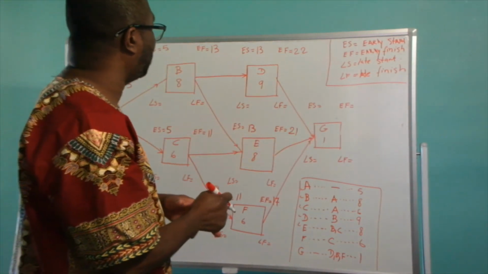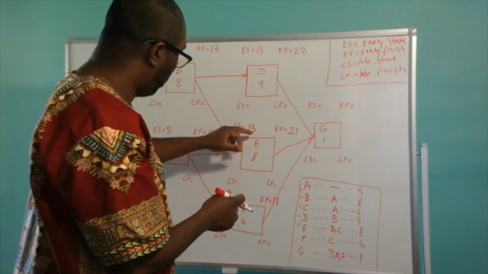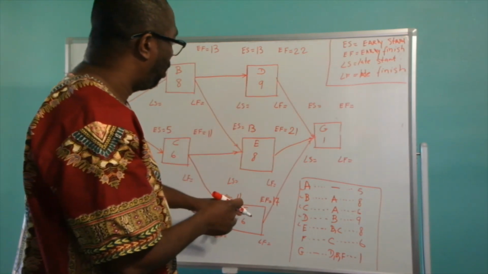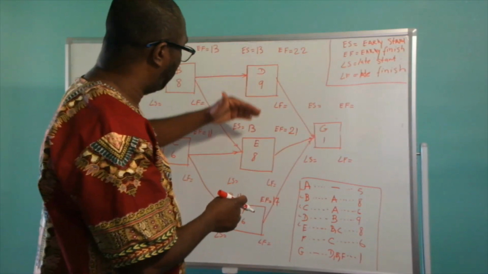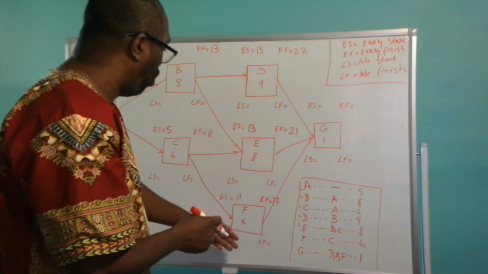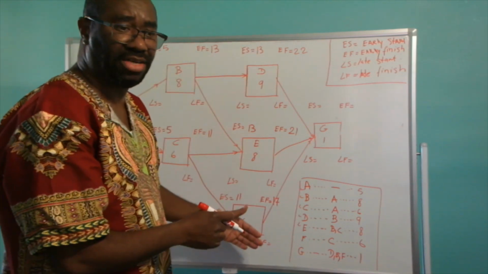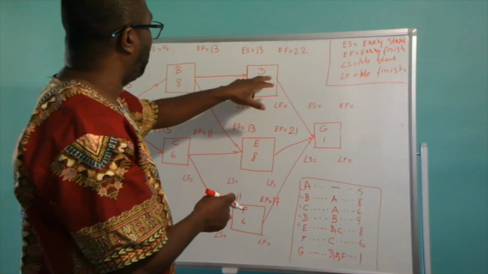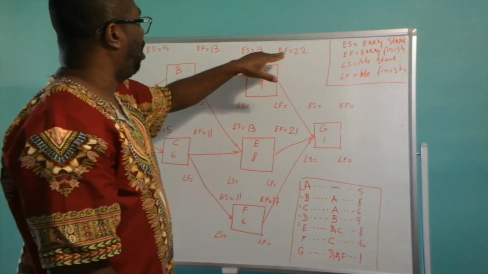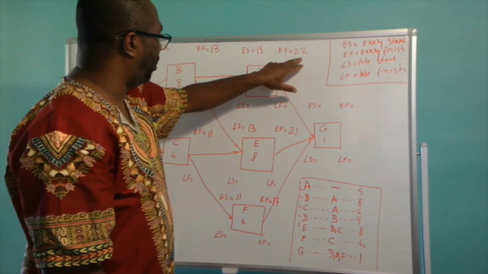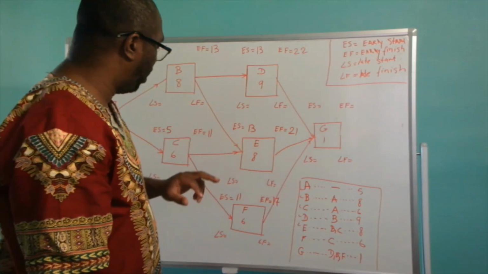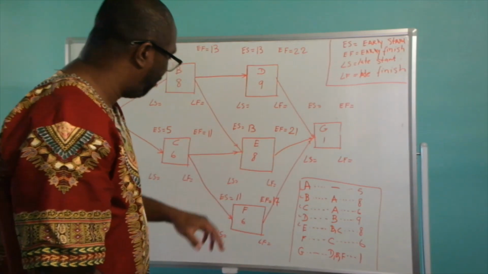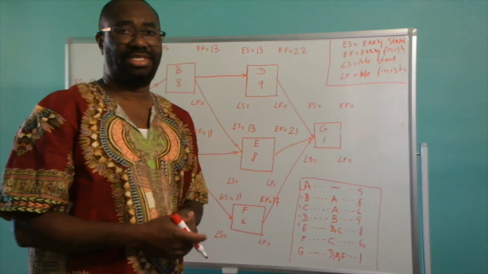So we reach now activity G. G comes out of activity D, E, and F. So we're going to go with the higher of these three activities. Activity D has an early finish of 22 days, activity E has an early finish of 21 days, and activity F has an early finish of 17 days.